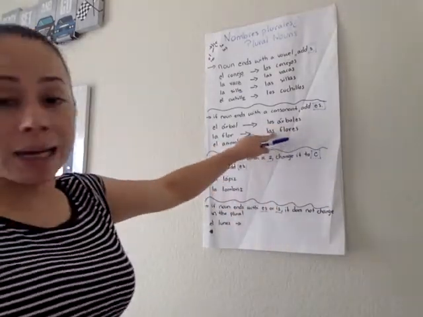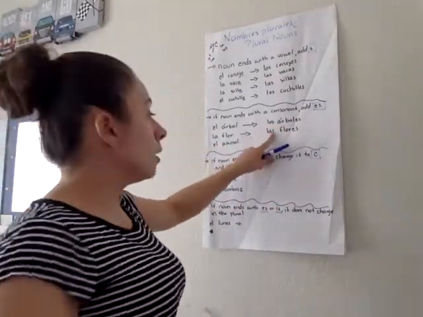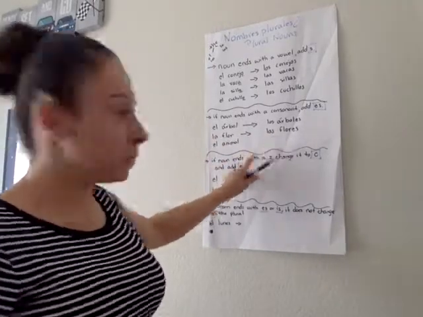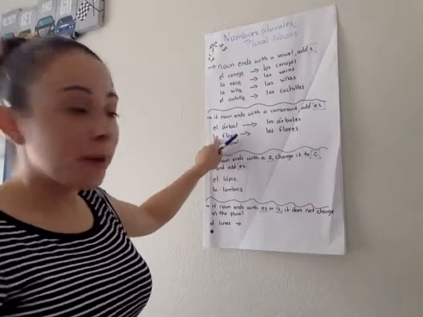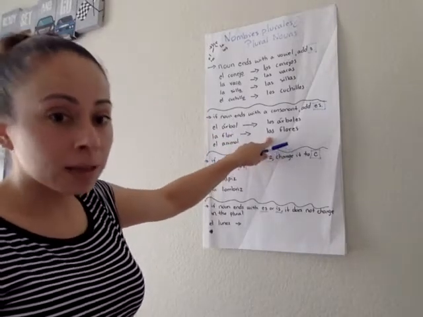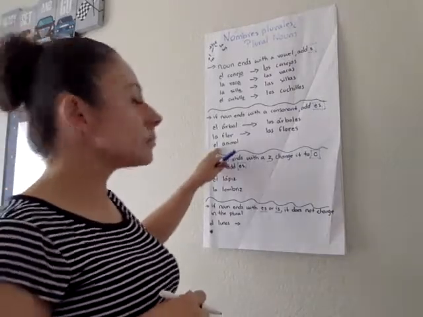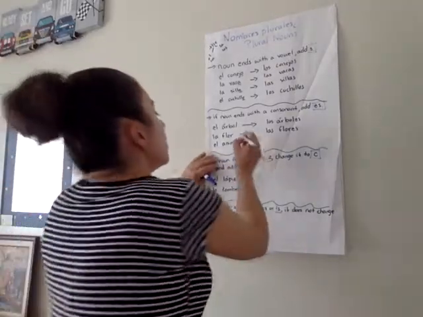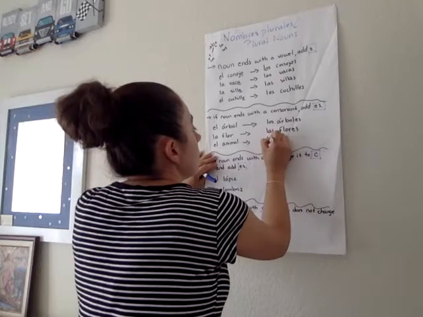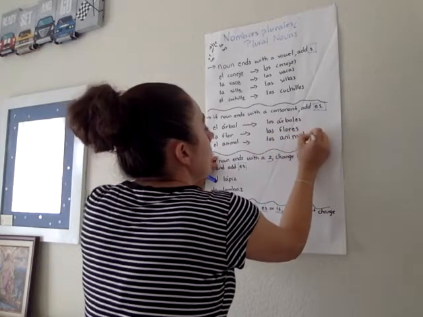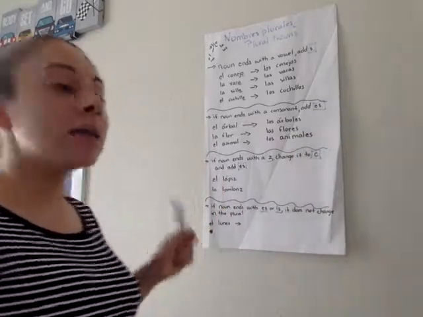Now I added las, definite article plural, because la is singular and las is plural. Okay? And la is feminine and las is feminine. The only difference is that one is plural, the other one's singular. El animal, so it becomes los animales. Animales, because I added my ES.